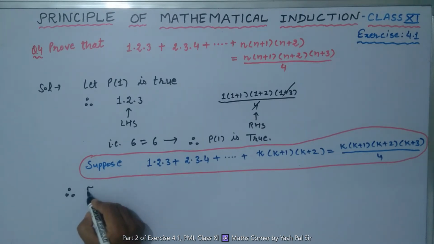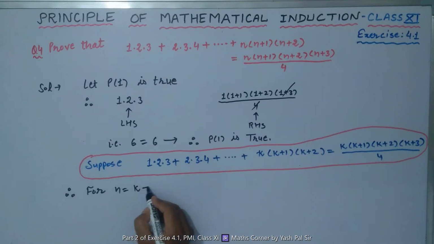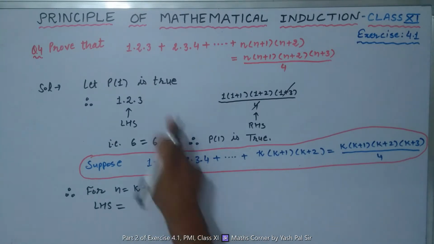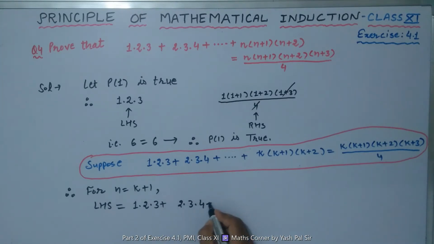So for n is equal to k plus 1, first of all, what is the left hand side? The left hand side is 1 into 2 into 3 plus 2 into 3 into 4 plus and so on.